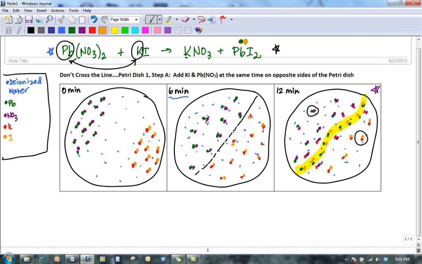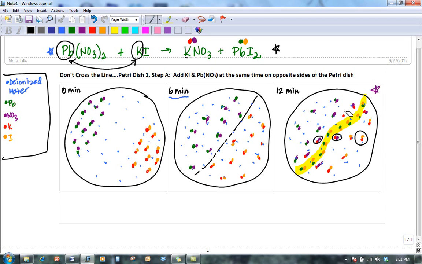But you can't forget that you also have this potassium nitrate that formed as well. The potassium nitrate is going to be represented by the red and the purple dots that are in our Petri dish right here. So you still had those other products that were forming, and you also have a little bit of the originals out here on the edge.